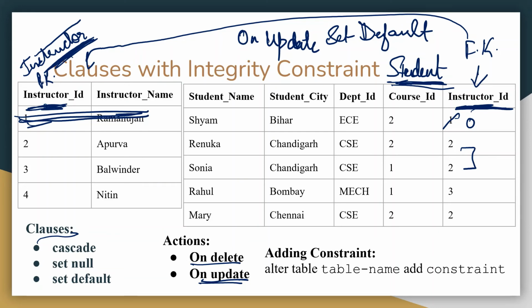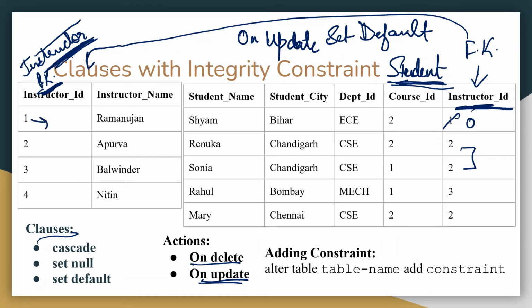So this is also an important point to note, that the student table will only be affected if the foreign key attribute, which is the primary key attribute in the instructor table, is changed, and not any other attribute of that table.